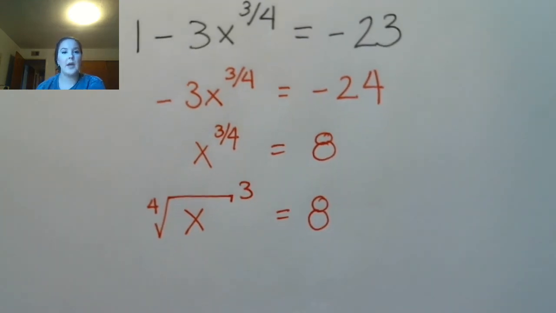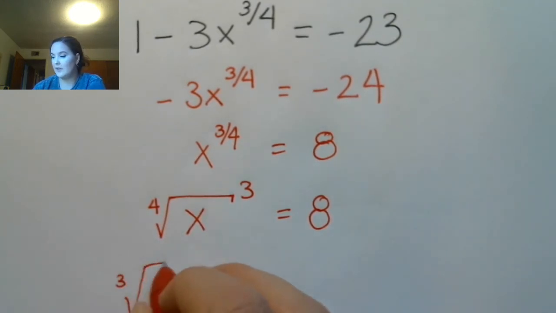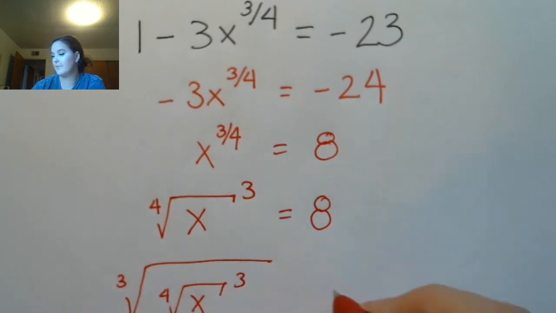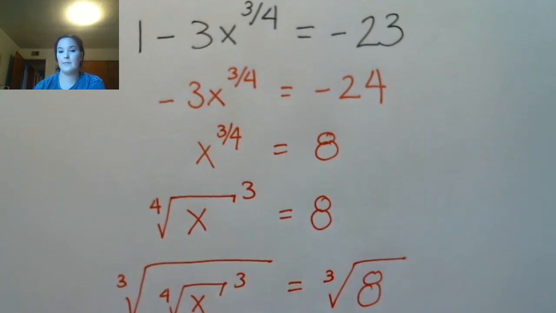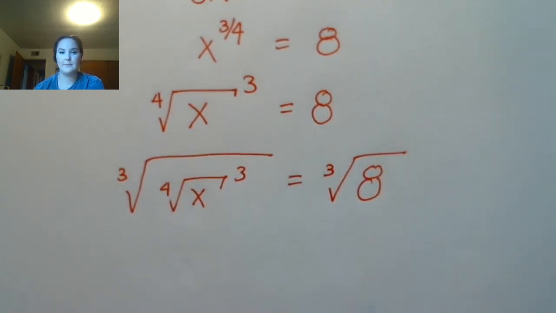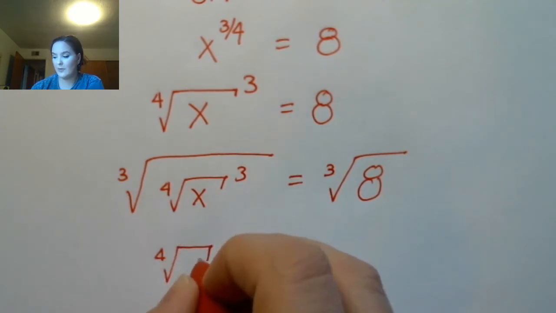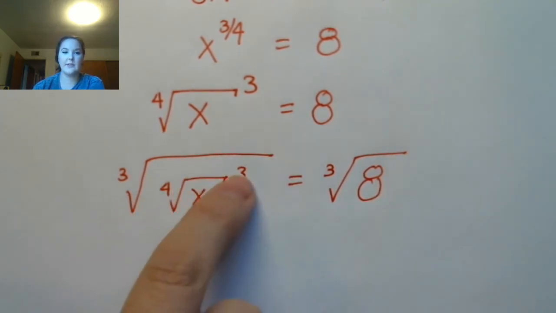Now I want to get rid of the cube, so I'm going to use the cube root. So I'm going to take the cube root of this side. Cube root of the cube just leaves me with 4th root of x because these are opposites.